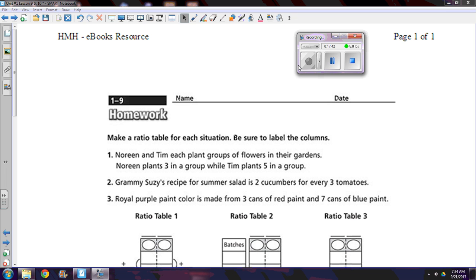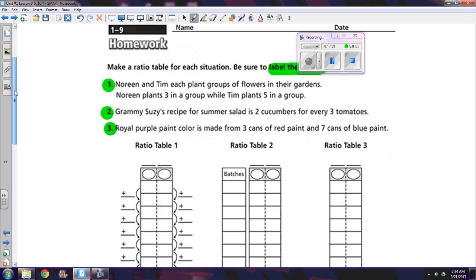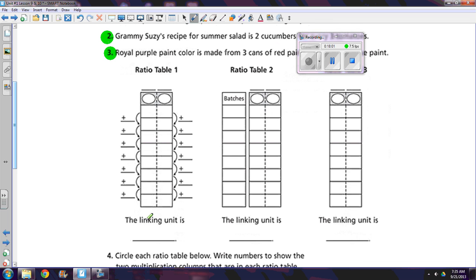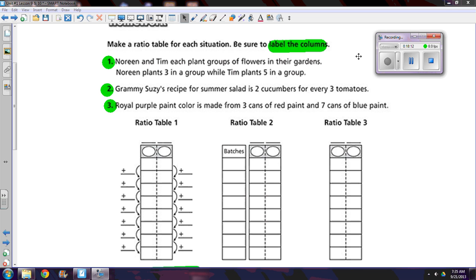So the work in school for Monday would be this. Unit 1, 9, homework. It wants you to make a ratio table for each situation and also to label the columns. And then here's problem number 1, 2, and 3. So really you're completing the ratio table and then the linking unit. So I won't finish number 1, but it says Noreen and Tim each plant groups of flowers in their gardens.